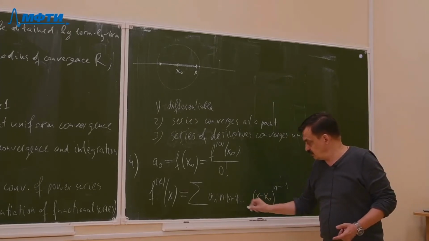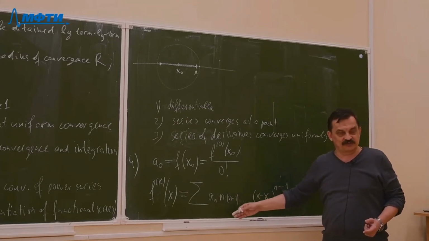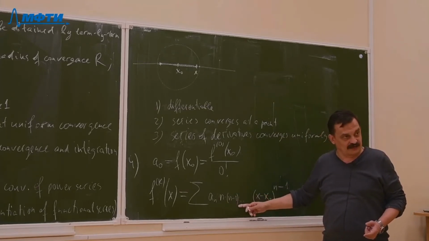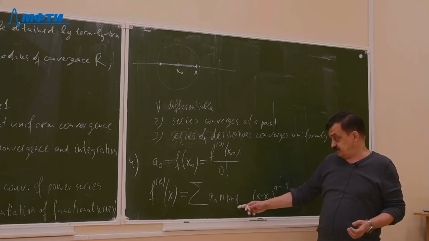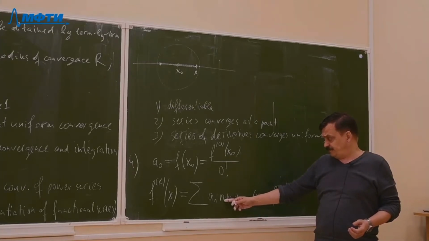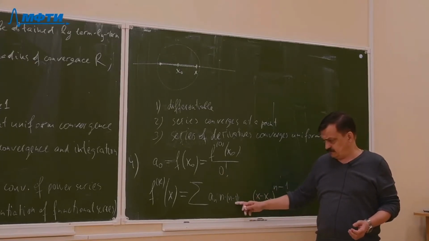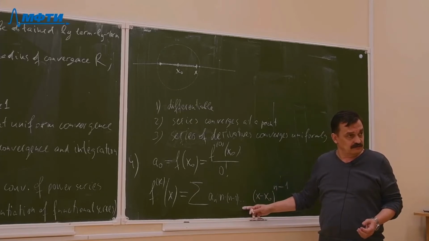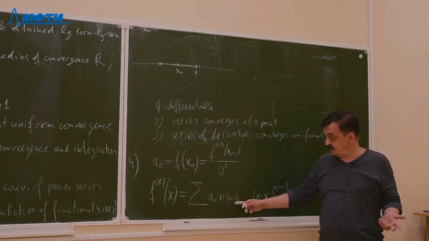And so on. So every time we differentiate, we have a multiplier which corresponds to the power. How many multipliers do we obtain? As many as we differentiate, right? Every differentiation gives a multiplier.